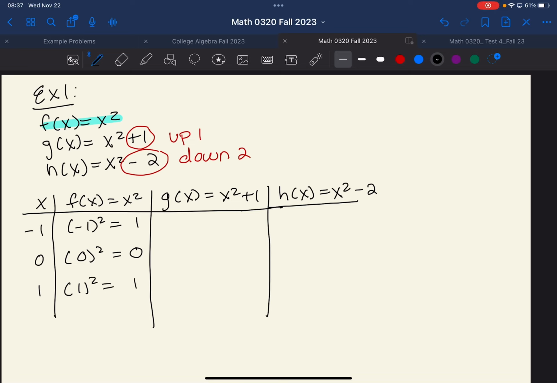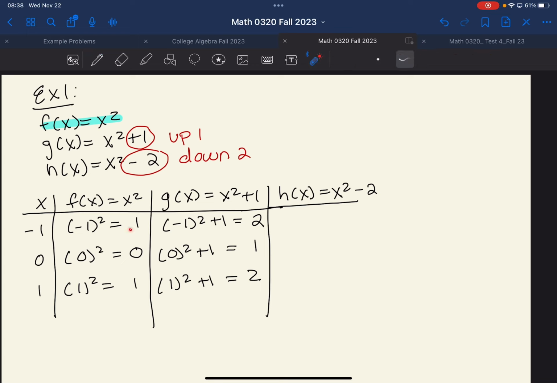So for g of x, we have -1 squared plus 1, so that's going to give us 2. 0 squared plus 1 gives us 1. And 1 squared plus 1 gives us 2. Okay. Notice from this function to this function, it was 1 up. We added 1. That's showing you that the g of x function is shifting up 1.